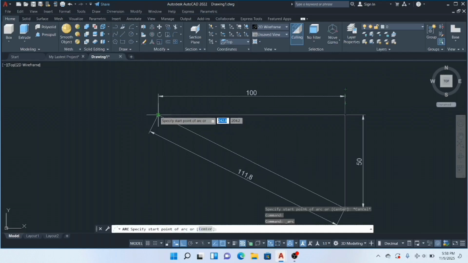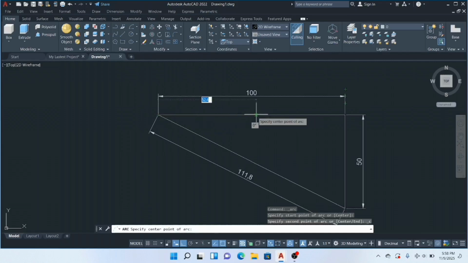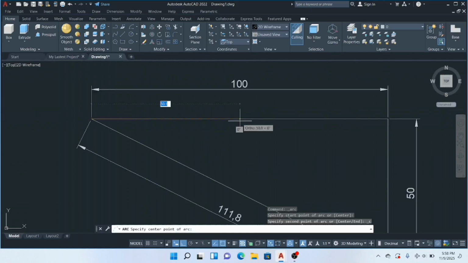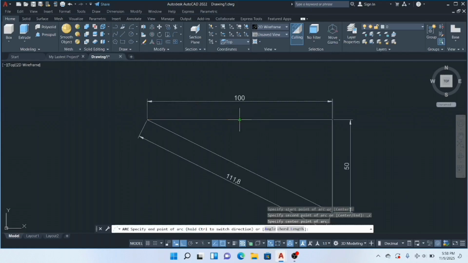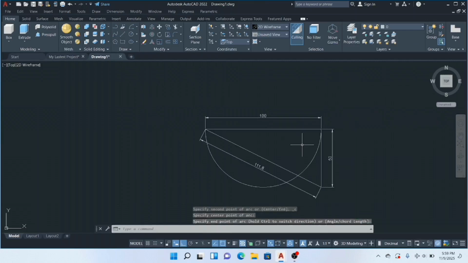So start, then center, and end. Now I have my arc.